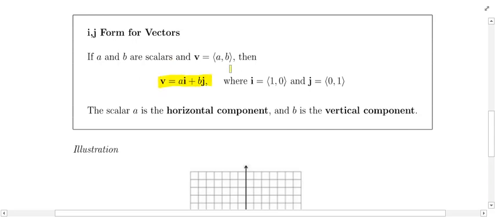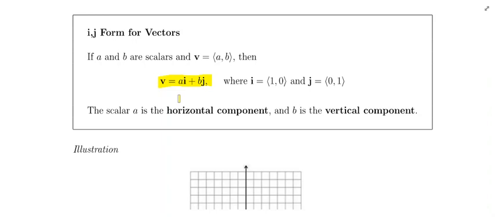In addition to being able to write it in component form with the brackets that look like angles, <a, b>, you can also write the vector v as the scalar a times the unit vector i plus the scalar b, which is the vertical component, times the unit vector j.